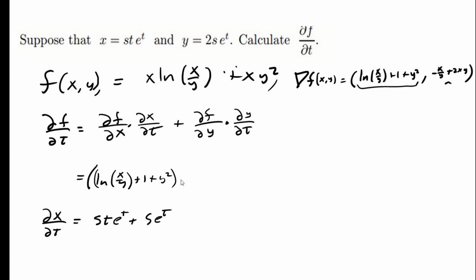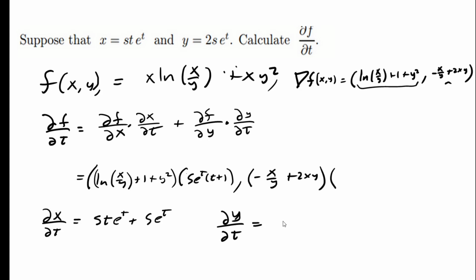So it's this times s e to the t times t plus 1. Then I have df dy. We know that this is minus x over y plus 2xy times dy dt. And this is just 2s e to the t.